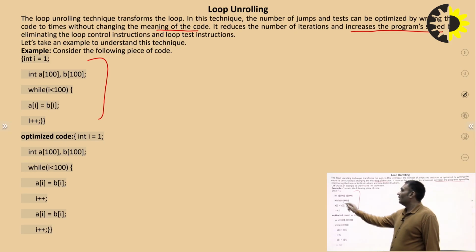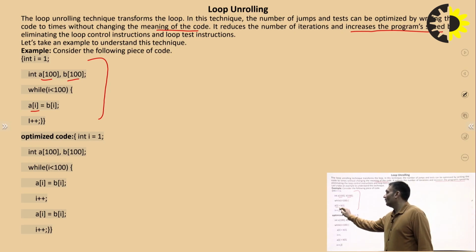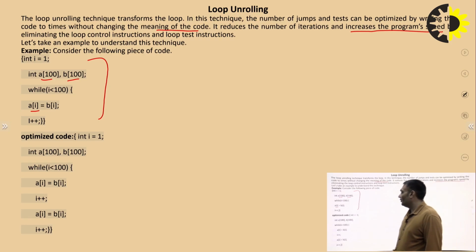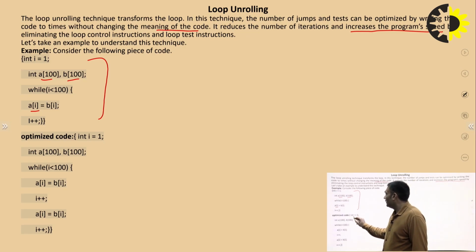Here integer I equal to 1. Here the two arrays, while I less than 100, we are computing this. So in this example, what we are doing: the integer I, the same code is written here.